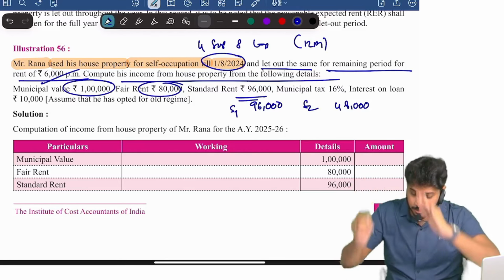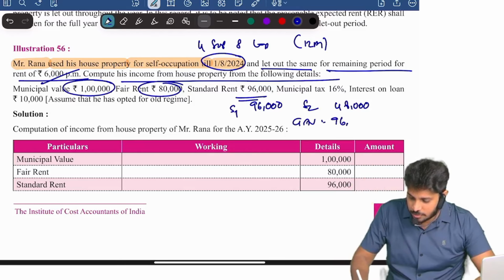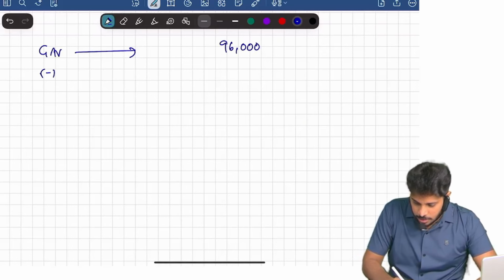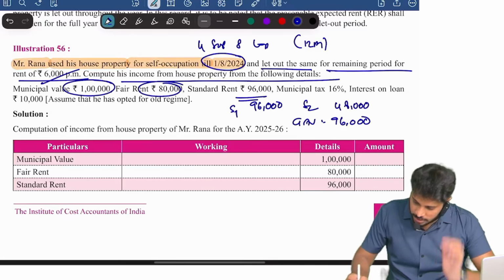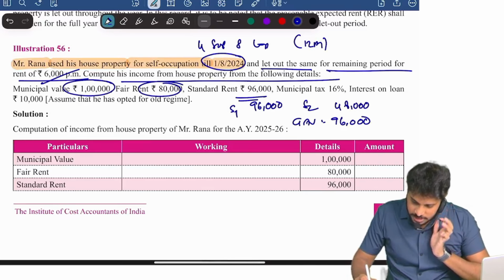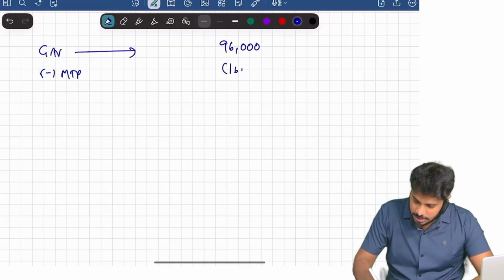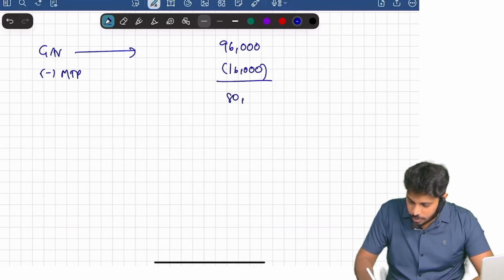Therefore step 1 or step 2, whichever is higher, gross annual value is 96,000. Minus municipal taxes actually paid, 16% of the municipal value, which is 16,000.